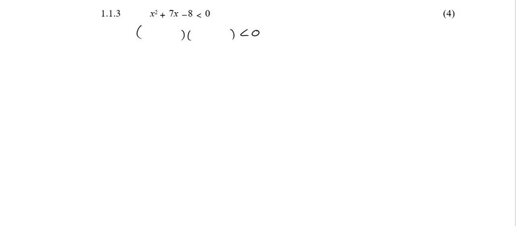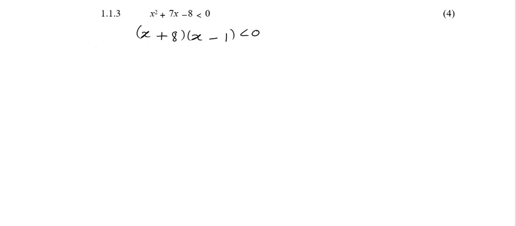So it's 8 and 1, because 8 times 1 gives 8, and 8 minus 1 gives 7. So I've got x here and x there. The signs are not the same, but the bigger number, 8, takes the positive sign, so 8 will be positive and the other one will be negative.